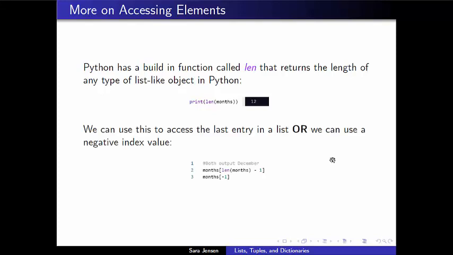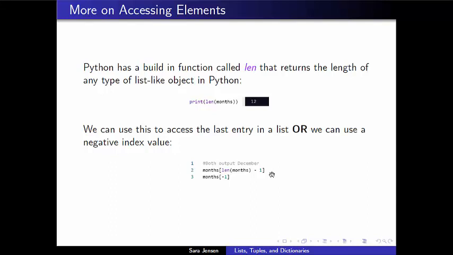From this, if we wanted to access the last entry in the list, not knowing a priori how long that list was, we could go to the list name, in this example months, and use the square brackets to access the last element of the list, which would be the length of the list minus 1. Now that notation is a little bit cumbersome, but it fits more with the syntax of other programming languages.